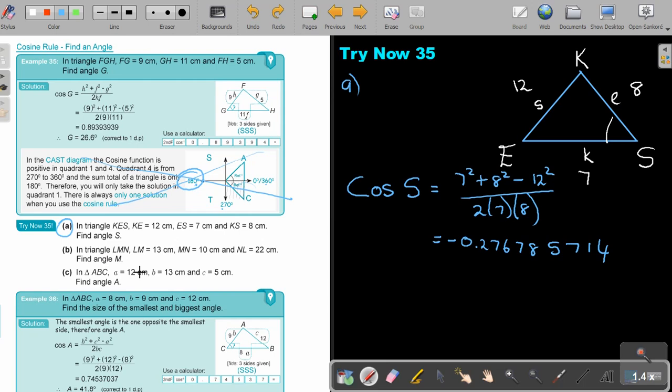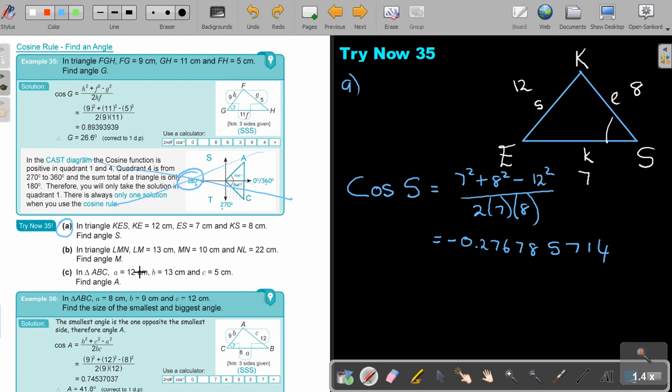Let me check quickly on my calculator: 7 squared plus 8 squared minus 12 squared equals, divide, bracket, 2 multiply 7 multiply 8, close the bracket, equals.